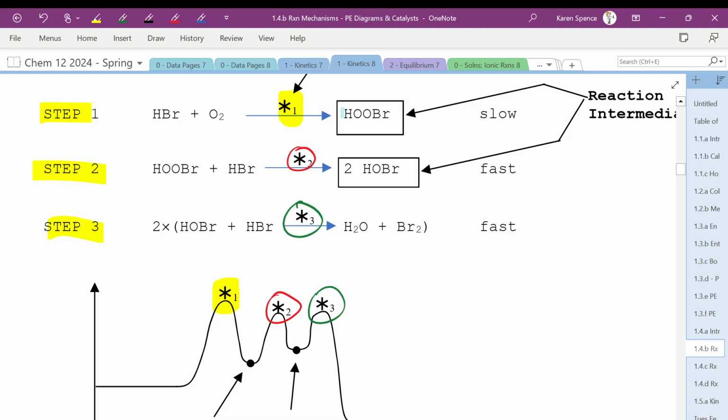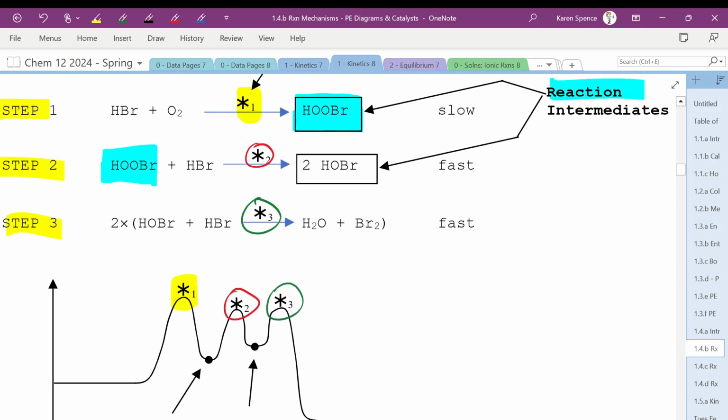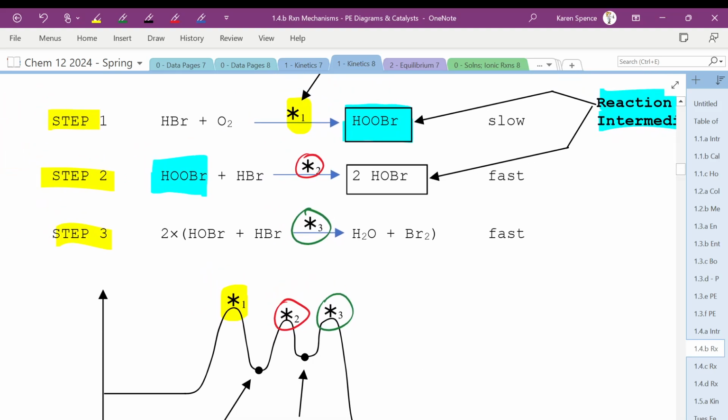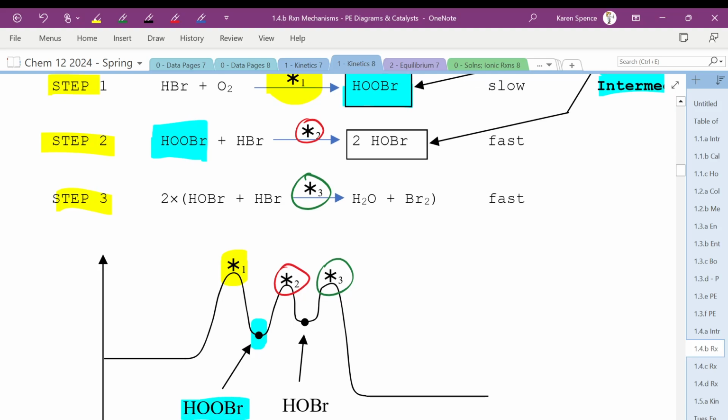Now remind me, what do we call a substance like Huber? Huber is a reaction intermediate. Okay, and where do we find Huber? Well, it comes right after the activated complex number 1, so it will appear here. There is Huber. Okay, and Hober, same thing.